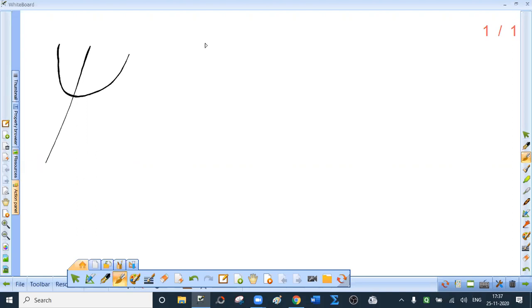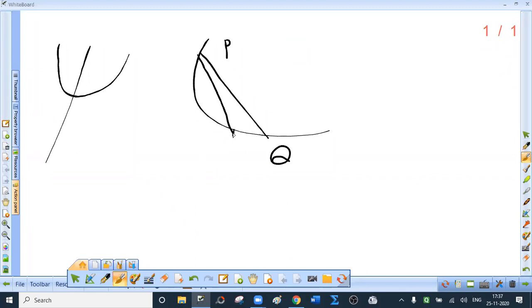Consider the curve. PQ is a secant to the curve. Now as Q approaches P along the curve, what is the next position of Q? Say this one. As Q approaches P along the curve, the secant PQ becomes the tangent at P. See, this is Q1.